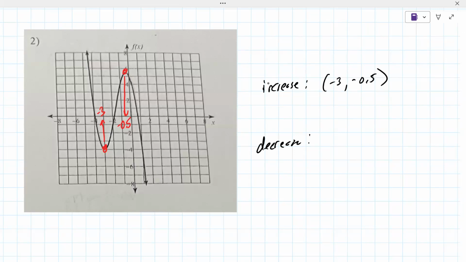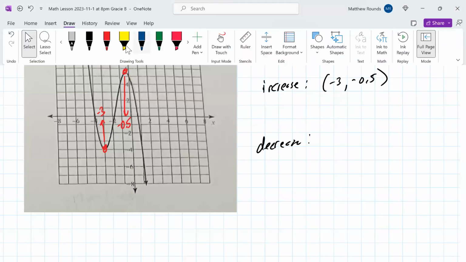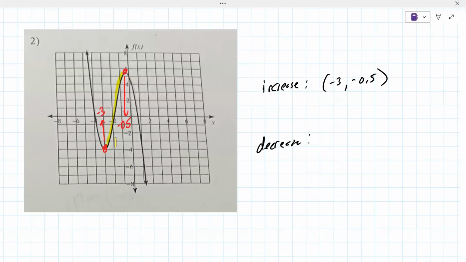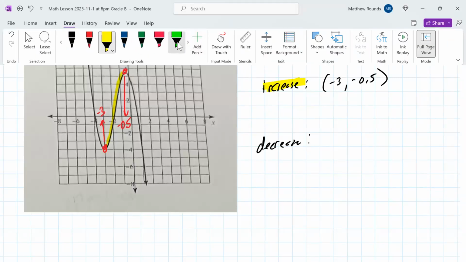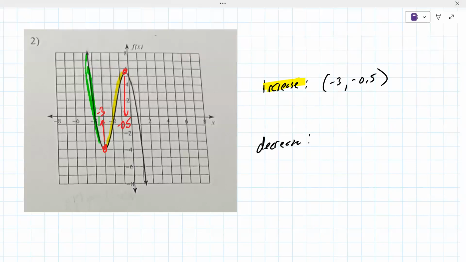Is it the same? Decreasing is when it's going down and to the right. So it can't be the same interval. So I'll shade it here again for you. So the increasing is in here. The decreasing has to be the other intervals. So this one and then this one.